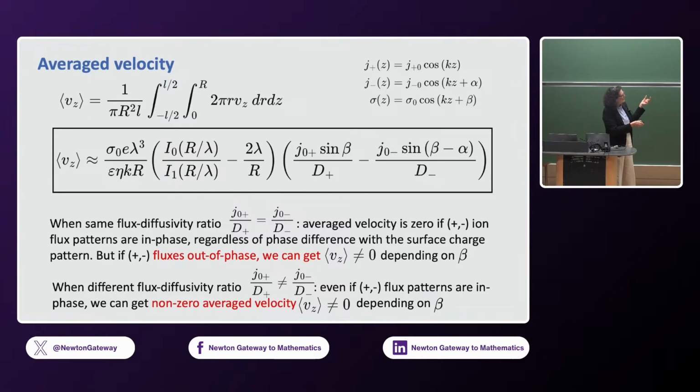In the case that they are equal, with equal diffusivity, you could only get a finite velocity if you are out of phase, if your value of beta is non-zero, depending on the beta. But if you have different diffusivities, then you can get this non-zero average velocity all the time.